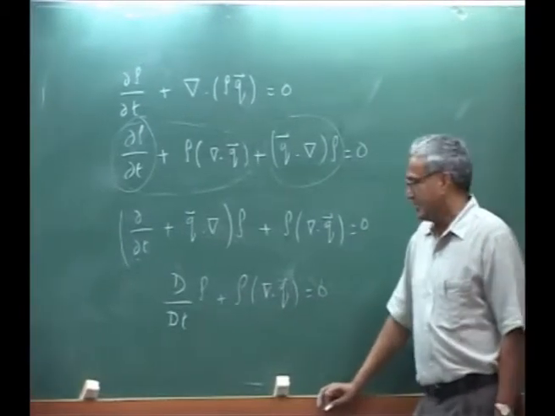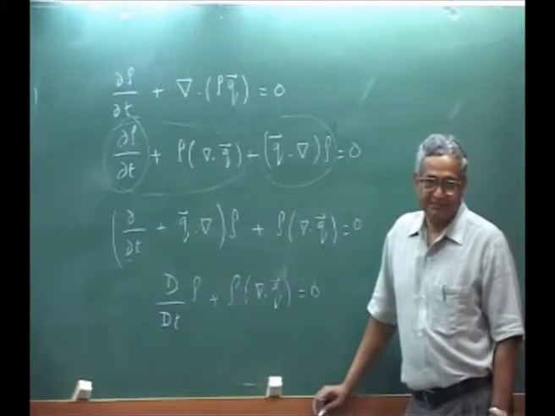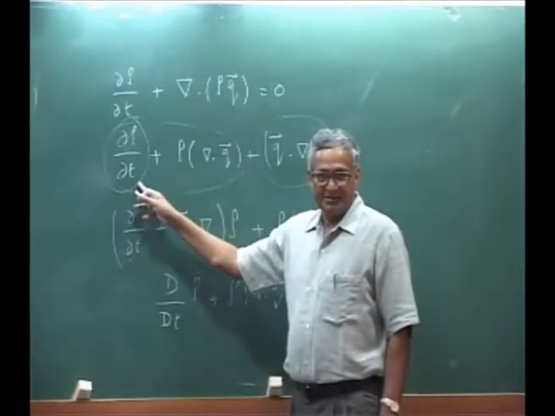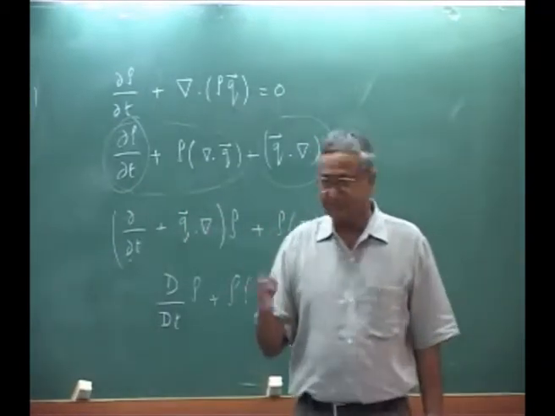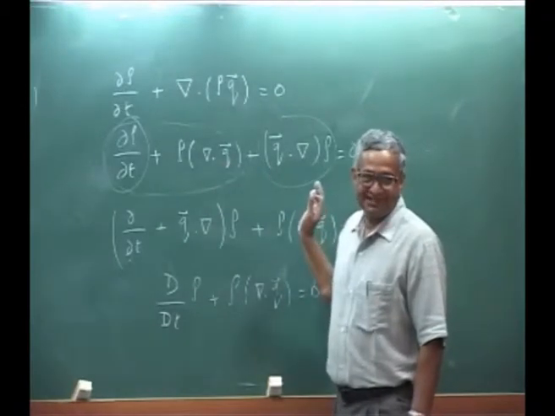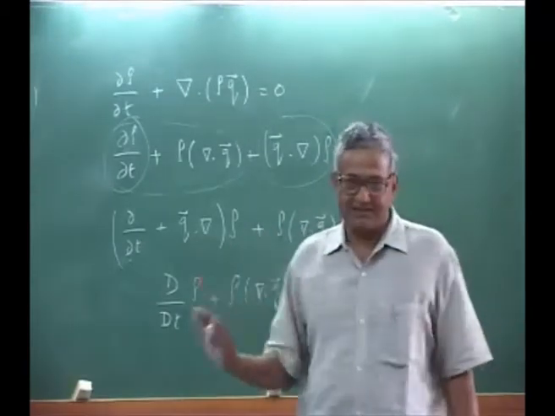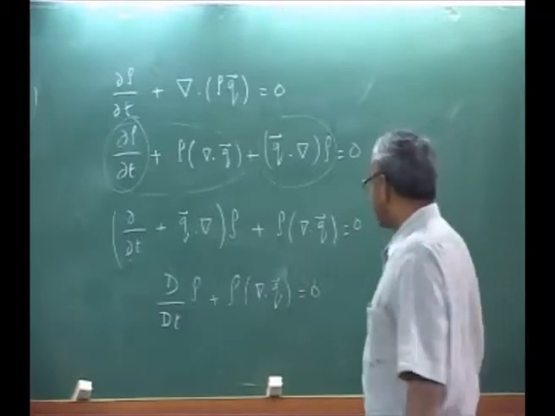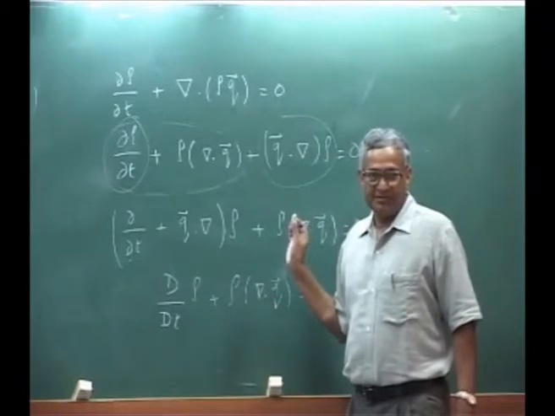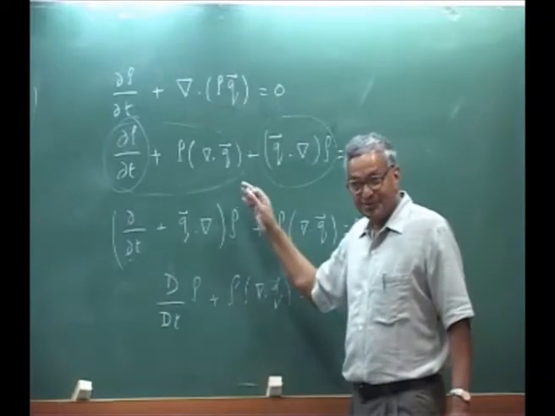Now if my density is a constant, constant means it doesn't vary with time. Density is a constant, it is incompressible. Then del dot Q is 0. That is the incompressible flow, but we don't have to use it. We will keep it as it is. Compressible flow we will keep. Now this is my continuity equation. Now keep this equation because we have to use this again.